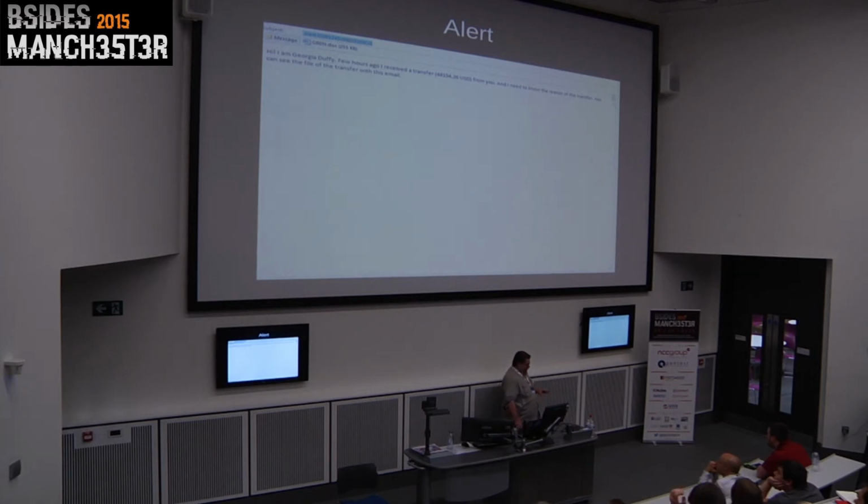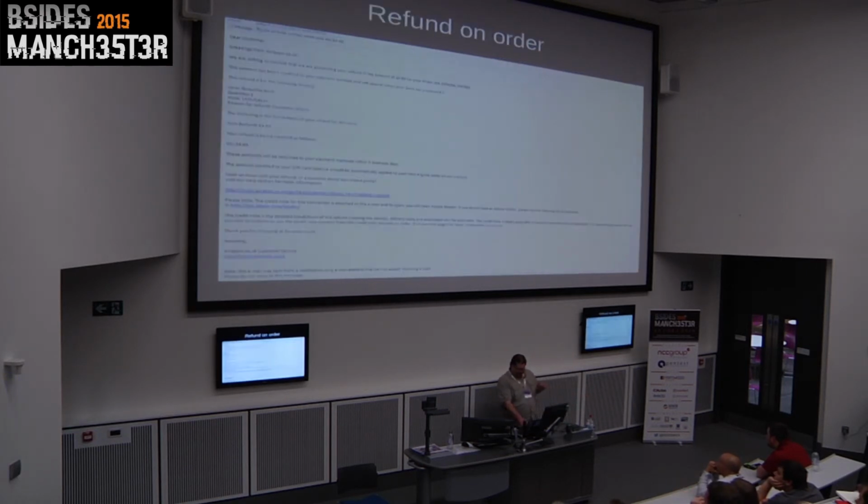So the next physical one I'm going to show you is a little bit more involved. It's part of an Amazon scam, and this one uses an interesting technique. It makes the phishing email a little bit more believable in that they use live links that actually redirect to the real Amazon site.